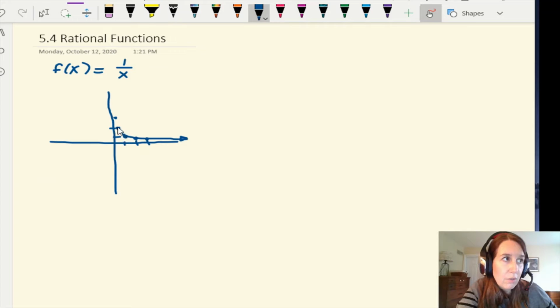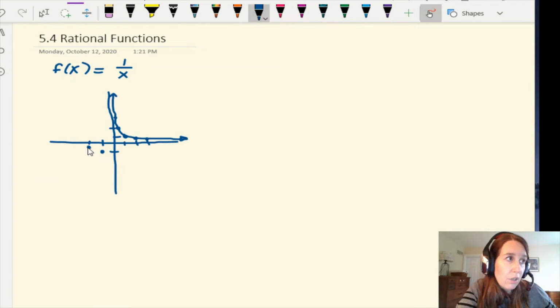We're getting closer and closer to x equals 0 there. So that's this portion of the graph. And then if we start putting in negative numbers for x, we quickly see a pattern. So if we put in -1, we get -1. If we put in -2, over here, we get -1/2.